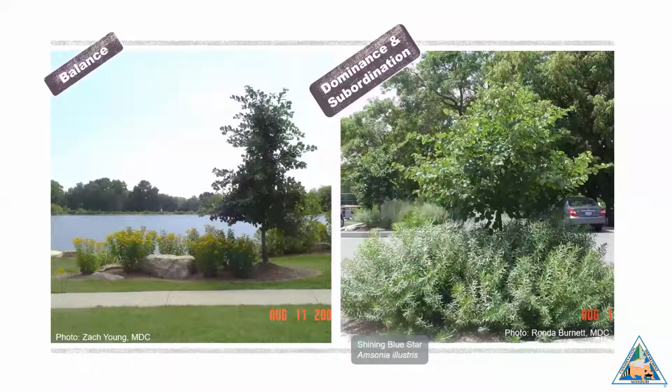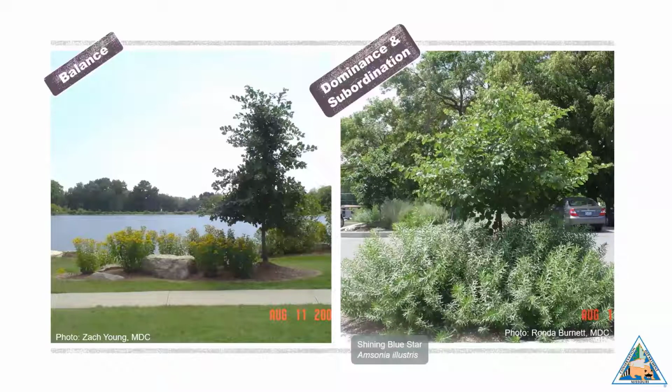This slide is all about visual weight and how balanced or how heavy it is. On the left, we're going to see a photo that shows us the element of balance. A feeling of balance results when the elements of a design are arranged either symmetrically or asymmetrically to create the impression of equality, where you have weight of equal importance in your bed.